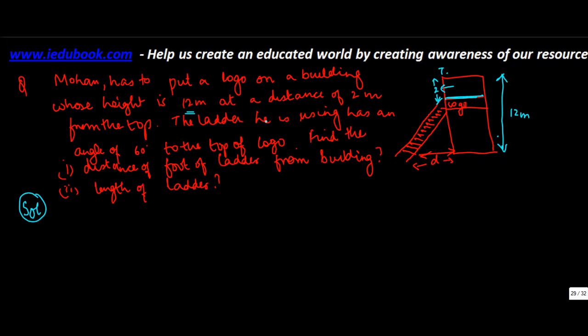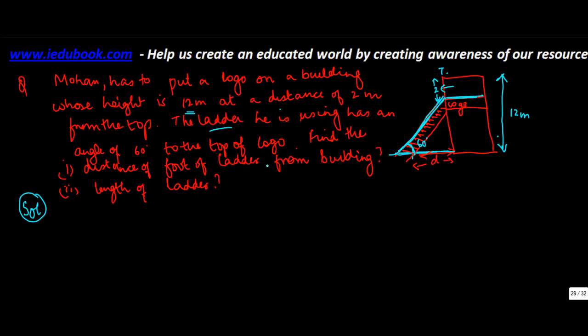Right? The ladder he is using has an angle of 60 degree to the top of the logo. So if I take this angle, this becomes my horizontal. This angle is 60 degree to the top of the logo, which is basically this thing. Right?